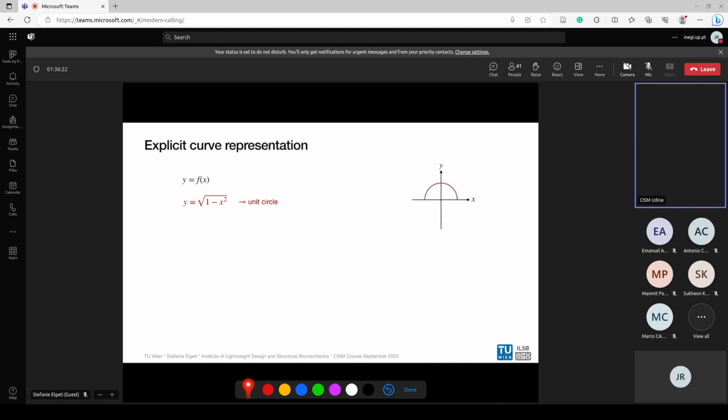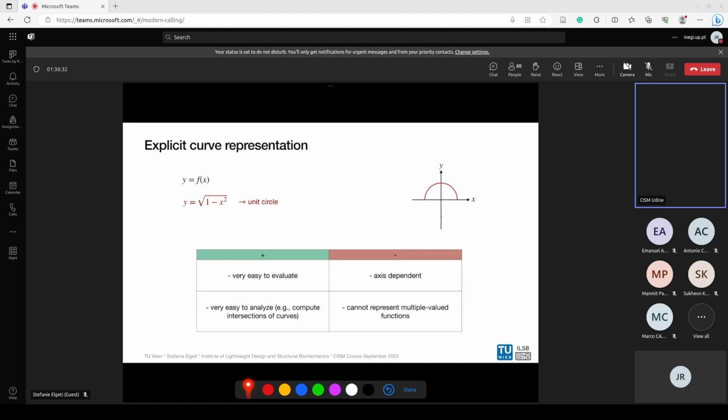So for example, if I have y is equal to the square root of 1 minus x squared, this will give me the unit circle, but only half of the unit circle. So it's a semicircle. The advantage of explicit curve representation is that it's very easy to evaluate. And it's very easy to analyze. So for example, if I have two curves, I want to compute the intersection, I can just equate the expressions. So that's very easy. It's axis dependent, and one cannot represent multiple valued functions. So for every x, there's only one y.